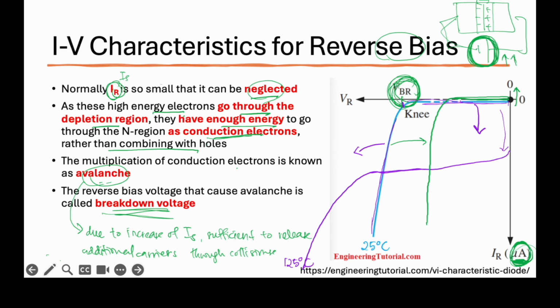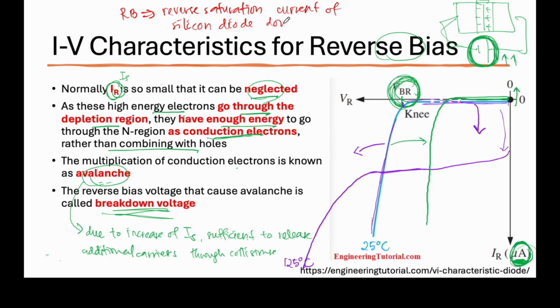In reverse bias, the reverse saturation current of a silicon diode doubles for every 10-degree rise in temperature. So it will increase here. This is the saturation current. With a 10-degree rise, it doubles.